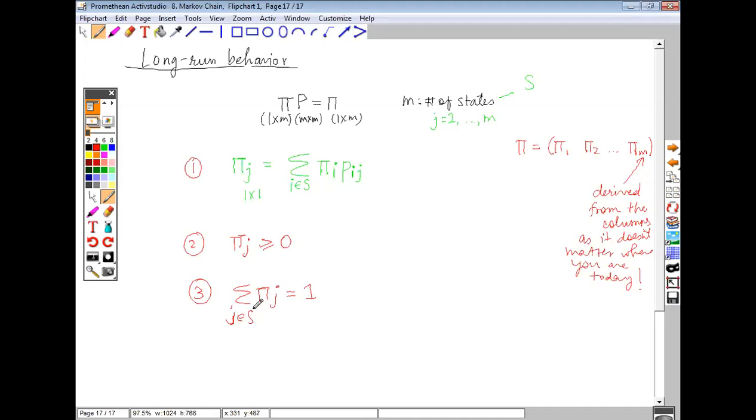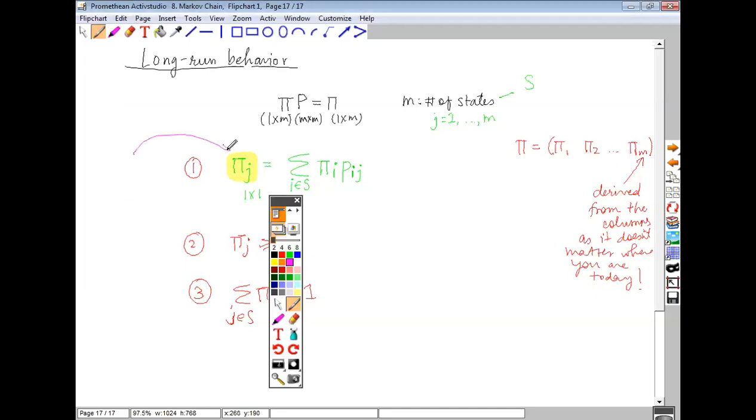So again, my j belongs to the state space, and my S is basically from 1 to m. So I know that these are the 3 conditions that I need to be satisfied to figure out and essentially say that this πj here is the stationary distribution. So to be precise, this will be the stationary probability distribution.